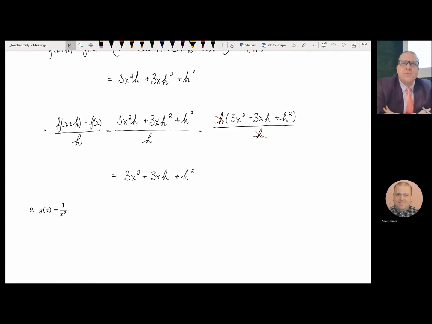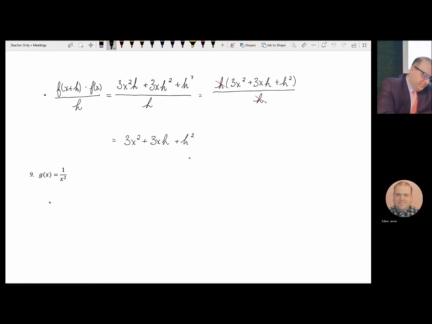Difference quotient for 1 over x squared. First, g of x plus h. One over x plus h squared.